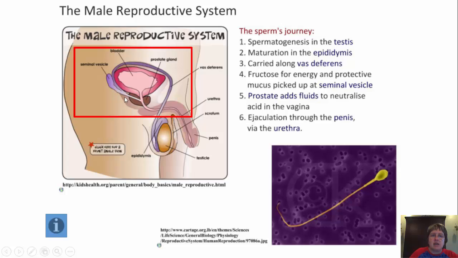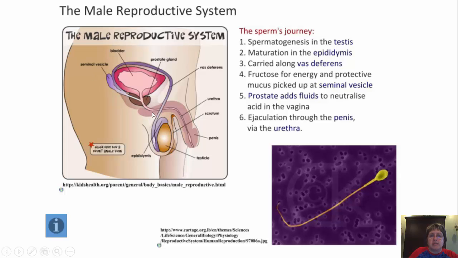and then here the vas deferens will join with the urethra just outside of the bladder, and it is surrounded by the prostate gland. The prostate will add additional fluids that will help to neutralize the acid in the vagina, as the vagina is a very acidic and hostile environment.